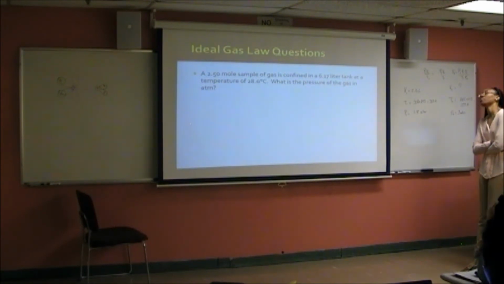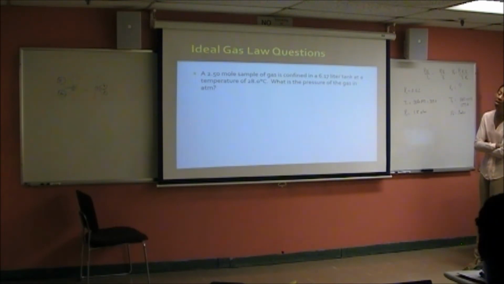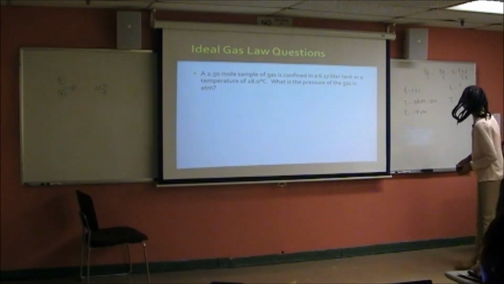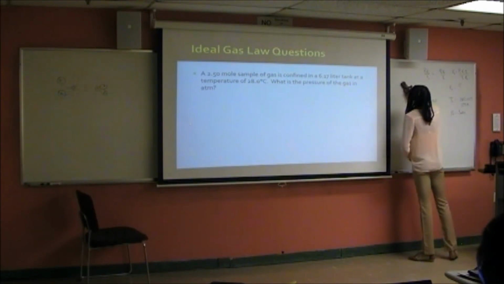A 2.5 mole sample of gas is confined in a 6.17 liter tank at a temperature of 28 degrees Celsius. What is the pressure of the gas in ATMs? What do we do? Same thing that we always do.